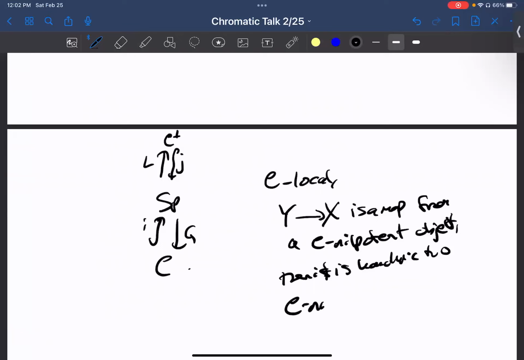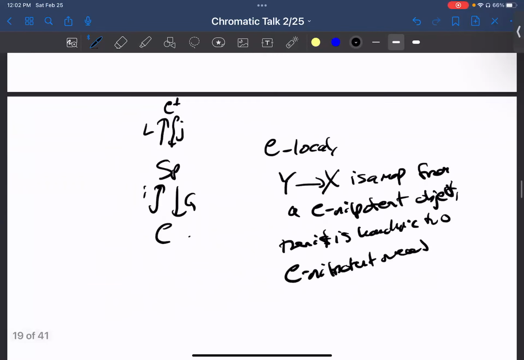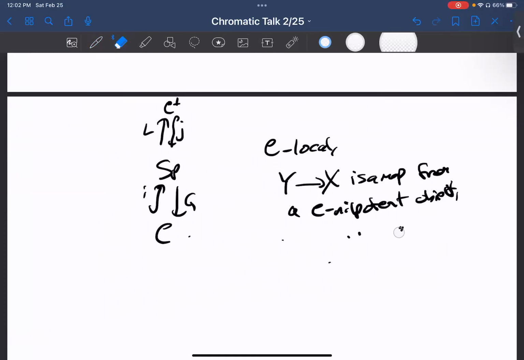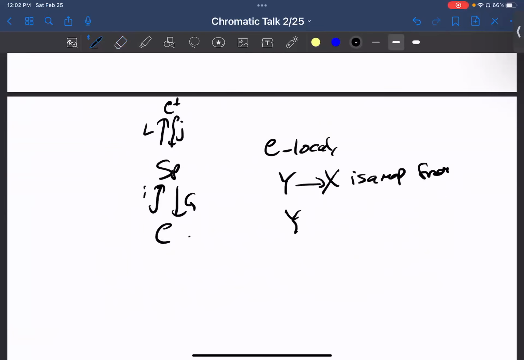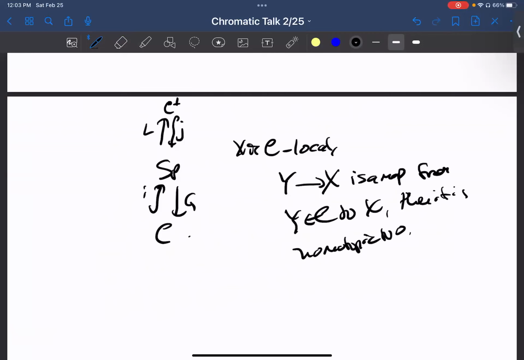Where C nilpotent means that, sorry, I should not be saying it this way. I should be saying for every Y in C, then a map from Y to X is homotopic to 0.